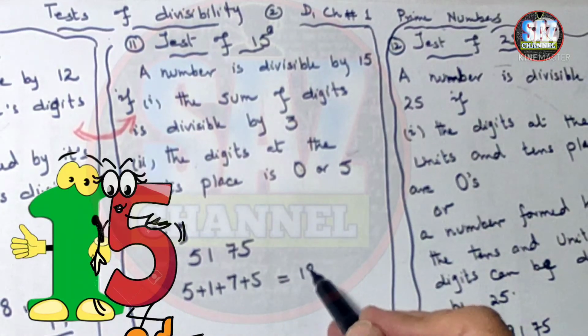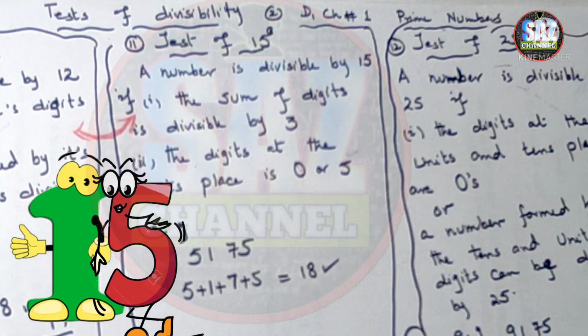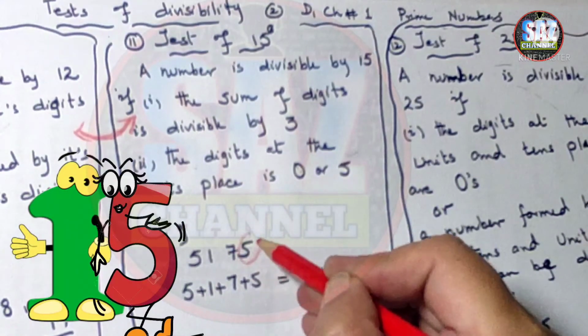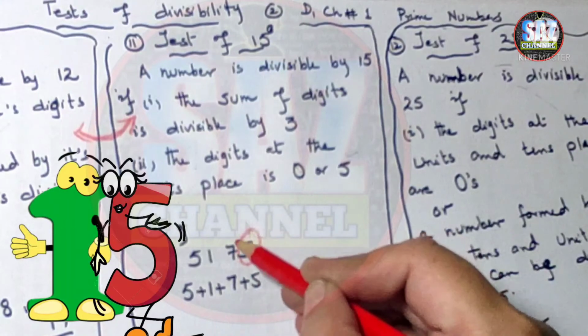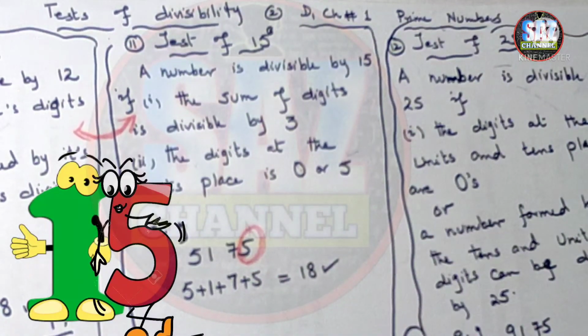Again, 18 is divisible by 3, so this number will be divisible by 3. And the second important thing for the divisibility test of 15 is that the unit digit has to be either 0 or 5. Okay, so it means that we have to check the divisibility test of 3 and 5. So this number will be divisible by 15.